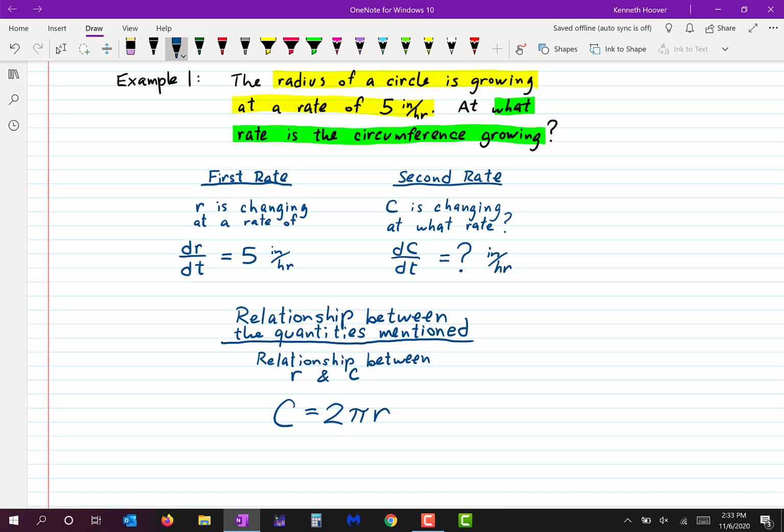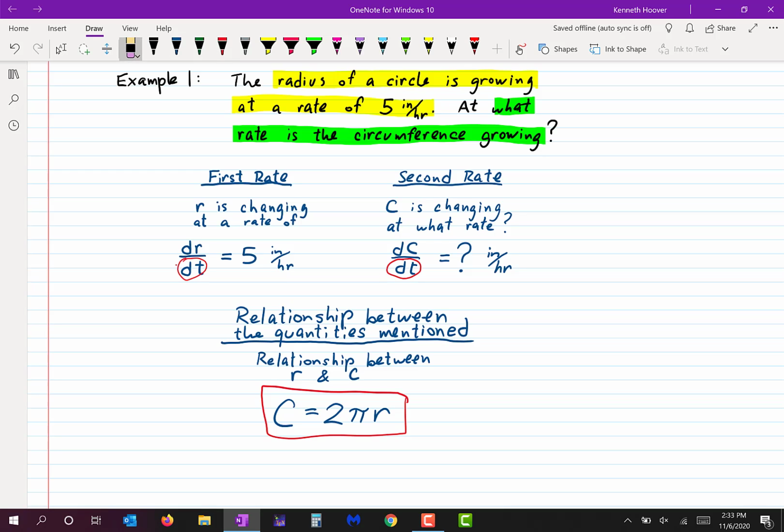But I think you can probably guess that I don't want to do the derivative with respect to r, because look at both rates that I've written down. They are both derivatives with respect to t.